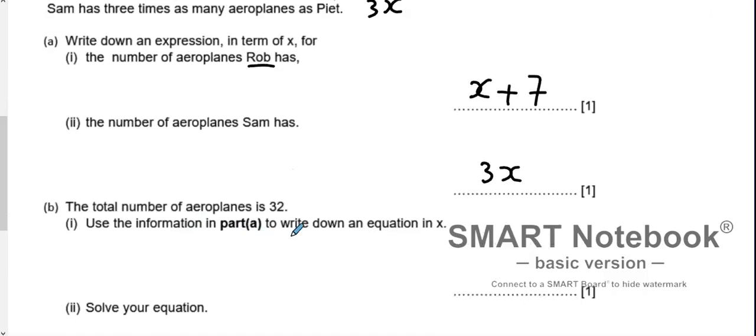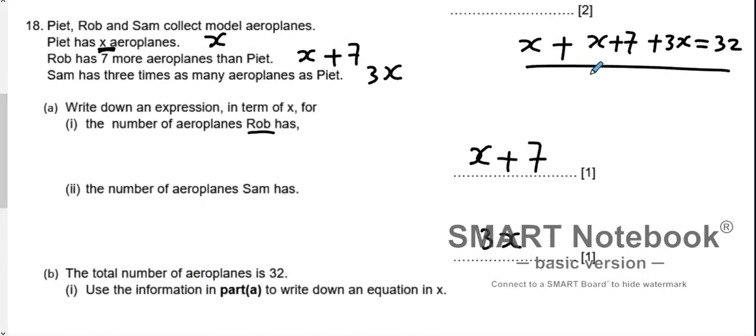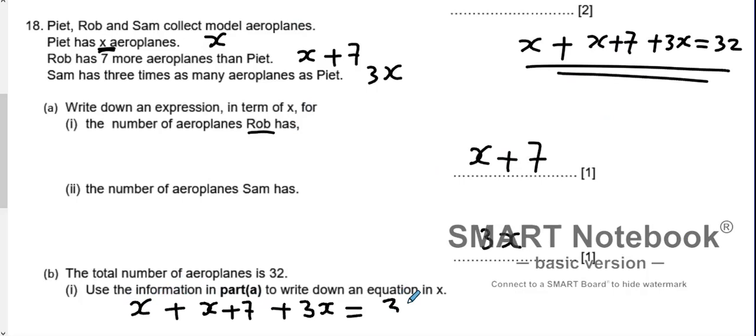Use the information here to write down an equation. So your equation will be X plus X plus 7 plus 3X equals 32.